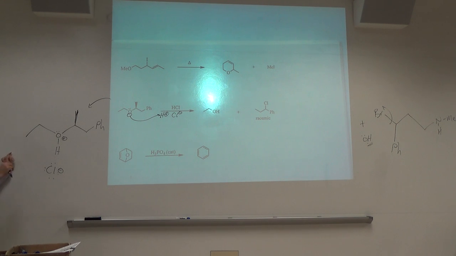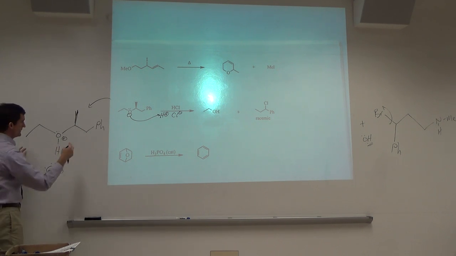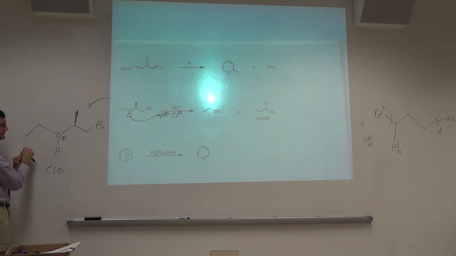I see two things you can do here. You can ionize this off. This leaves, we get ethanol, which is what we've got to make. I also see this could attack here and kick that off. In both of those cases, we're going to form ethanol. Do you want this just to ionize off and make a cation, or do you want this to attack here and kick it off?